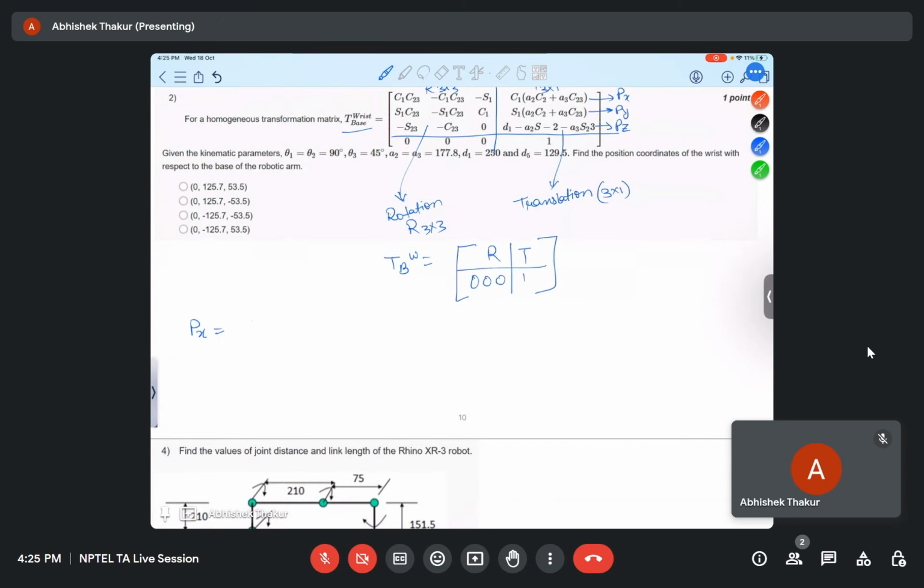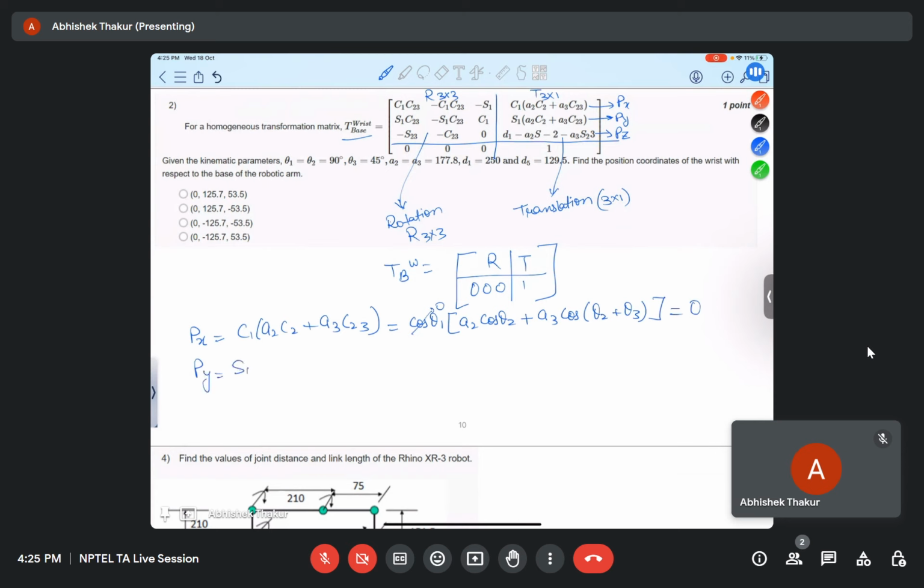Now Py is equal to S1 (A2 C2 plus A3 C23). So this is equal to sine of theta 1 into (A2 cos of theta 2 plus A3 cos of theta 2 plus theta 3). So sine 90 is 1, into cos 90 is 0, plus A3 and cos of theta 2 plus theta 3, that is cos 135 degree.